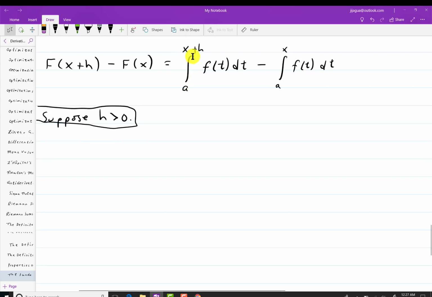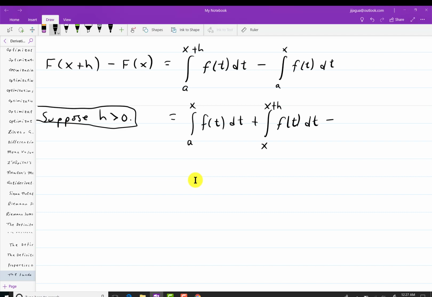I'll put that in a little bulleted point and I'll continue equaling here. You'll remember then that the first integral can go from a to x of f of t dt plus the integral from x to x plus h of f of t dt. Then we have minus the integral from a to x of f of t dt.